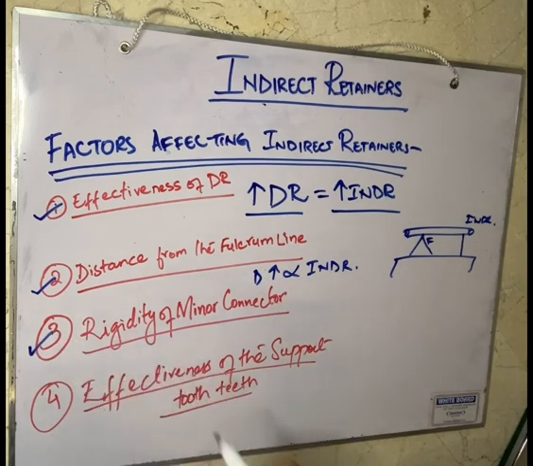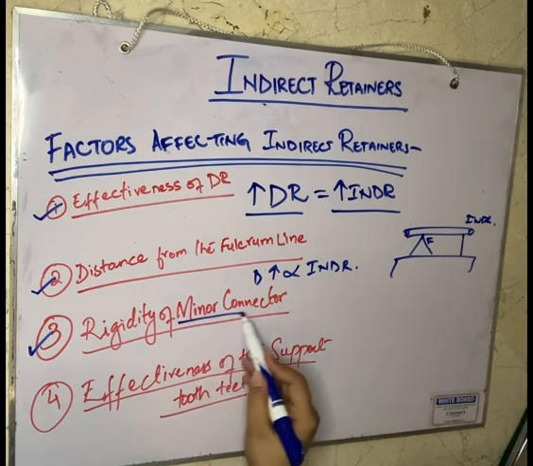Then coming to the third point, rigidity of the minor connector. So what does this mean? When we place the indirect connector on the occlusal rest, the occlusal rest has to be connected to the major connector, and that can only be achieved by a minor connector. So the rigidity of the minor connector is extremely important. A strong minor connector is important so that the occlusal rest forces are transmitted to the major connector.